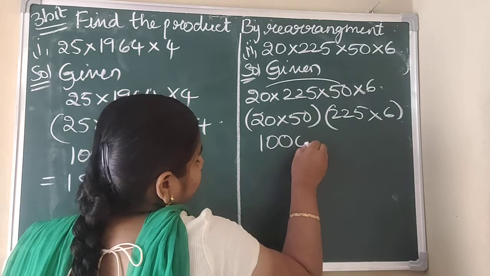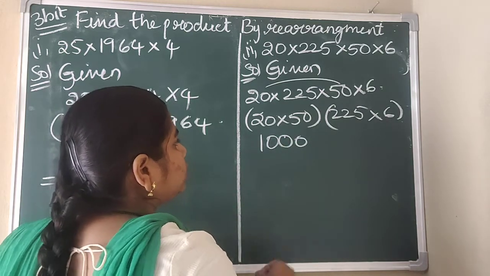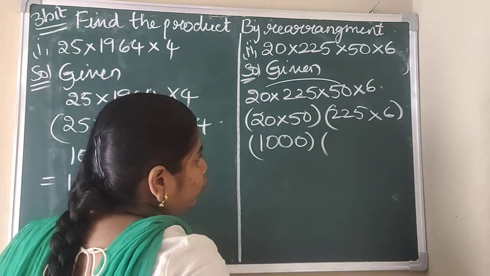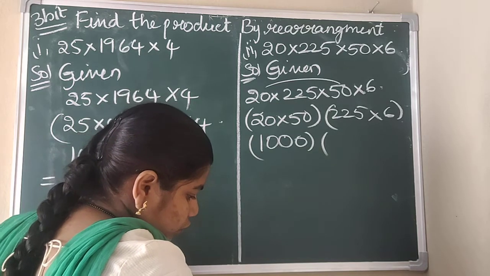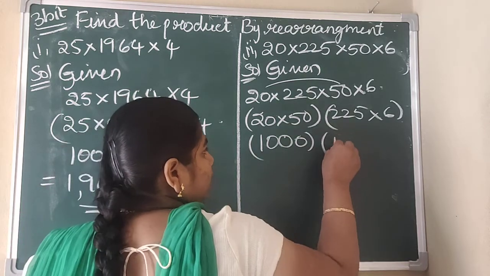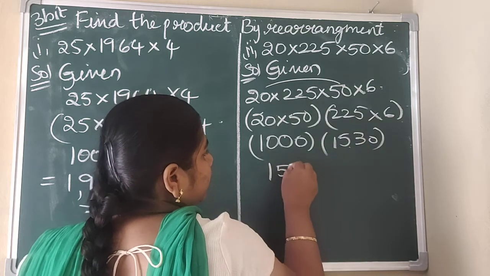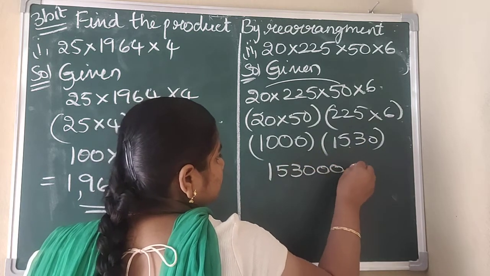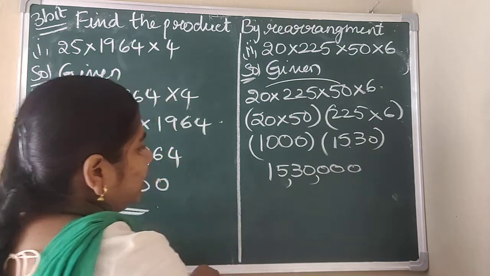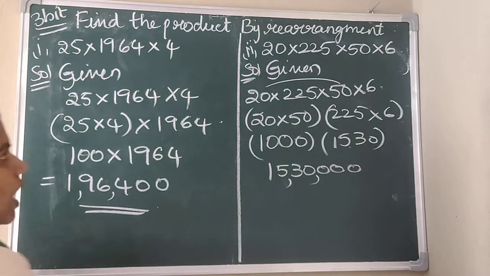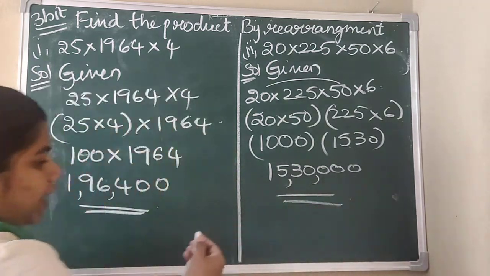Sorry, 20 into 50 will be equals to 1000. And here 225 into 6 will be equals to 1530. Multiply these two, that will be equals to 15,30,000 is our answer. So this is our second bit.